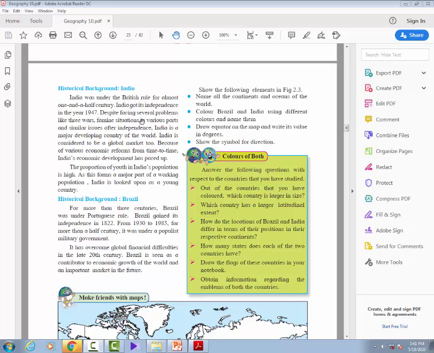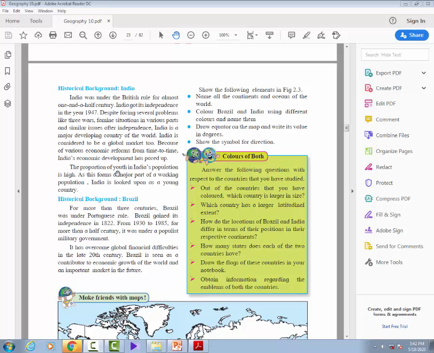Despite facing several problems like three wars, famine situations in various parts, and similar issues after independence, India is a major developing country of the world. Yes, India is considered to be a global market too, because of various economic reforms, from time to time, India's economic development has picked up.